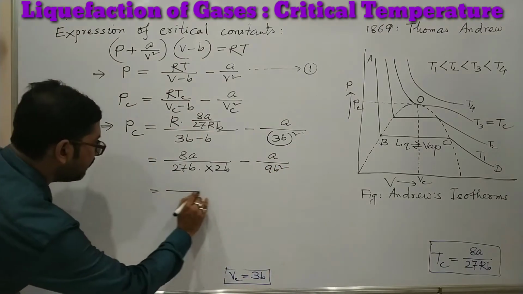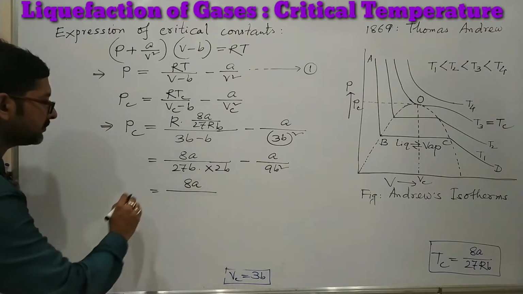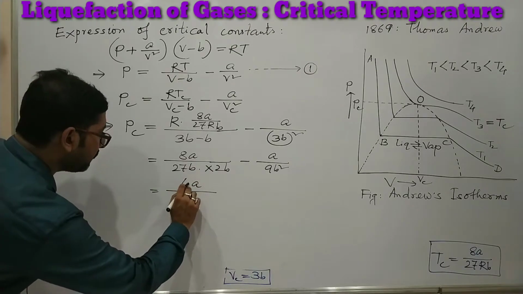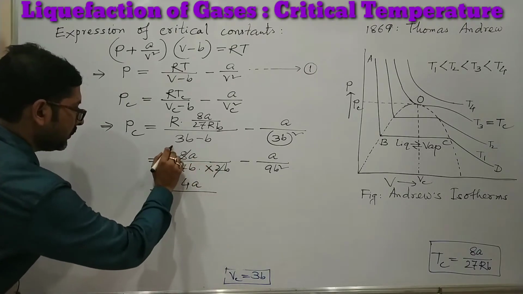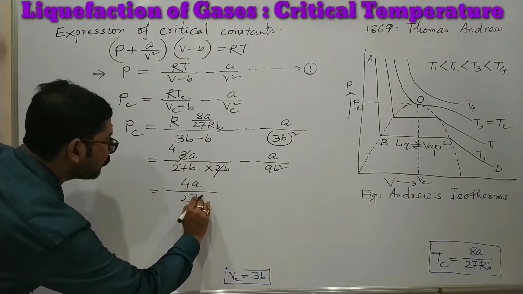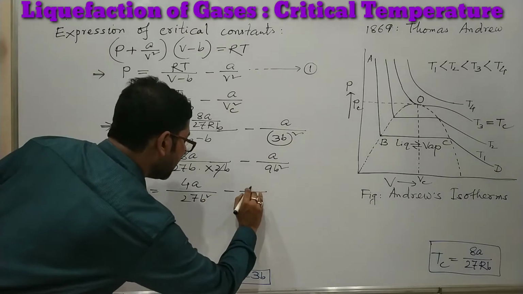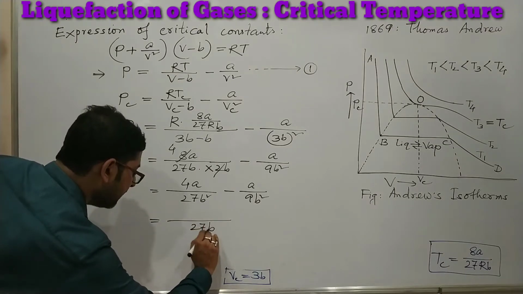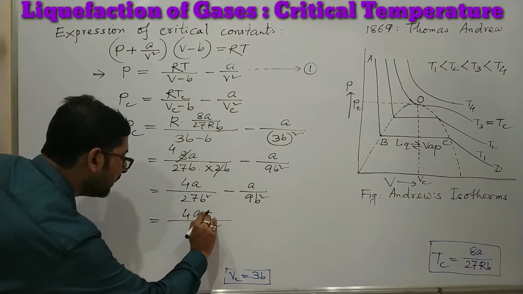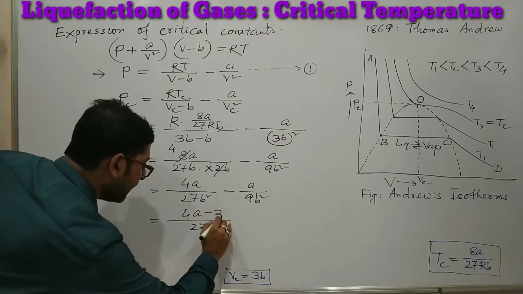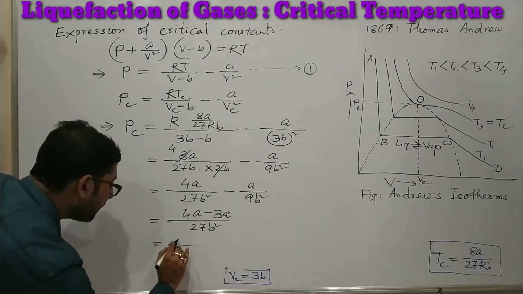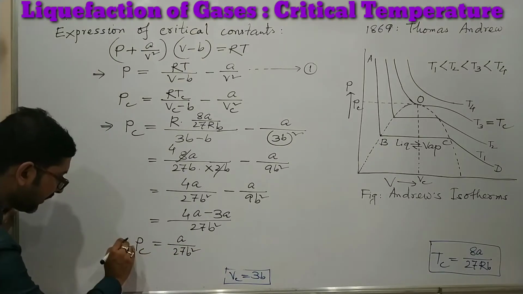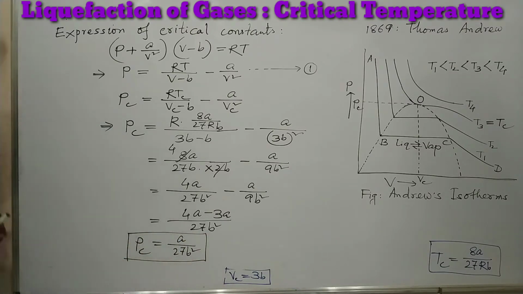Okay, this is actually 4A by 27B square minus A by 9B square. LCM is 27B square, gives us 4A minus 3A. This is nothing but A by 27B square. This is the expression of critical pressure Pc for van der Waals gases.